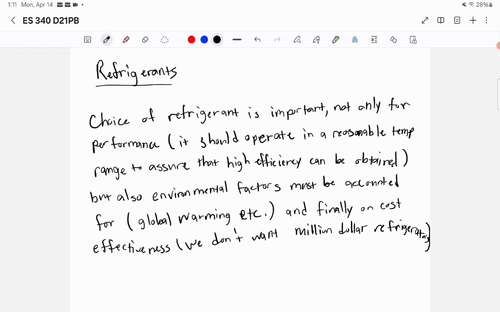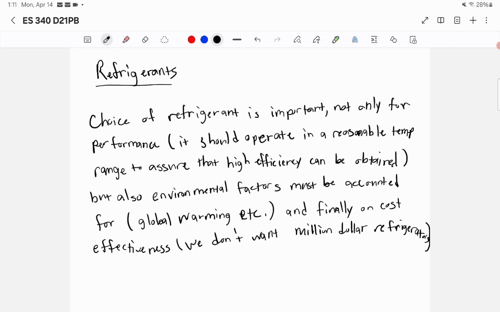So DuPont started with, say, R12, R11, R22, R134A, which is what we've been discussing a lot in this course, because that's a commonly used one in more recent times. Not to say that there aren't others, but it's a commonly used one now.